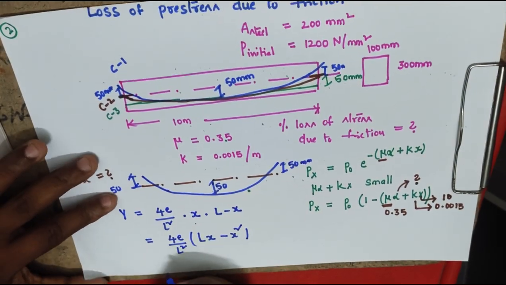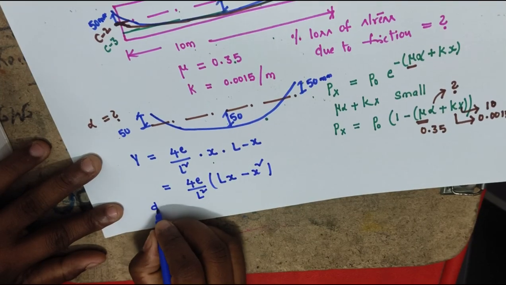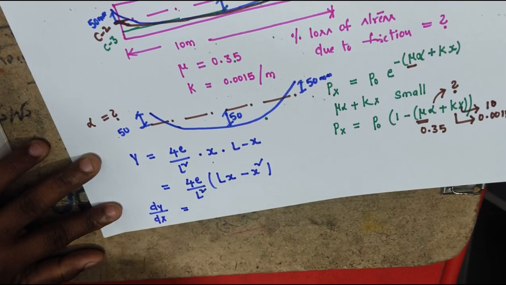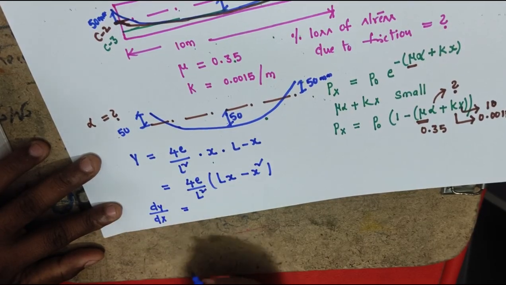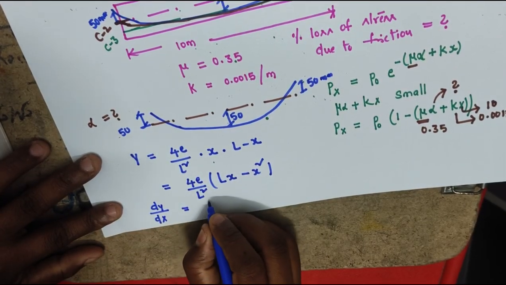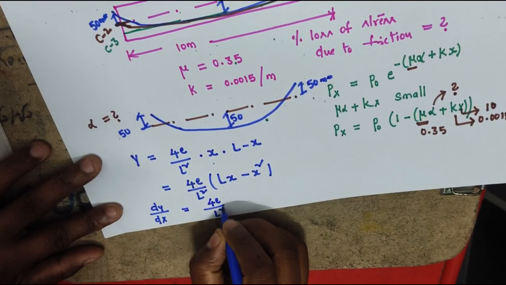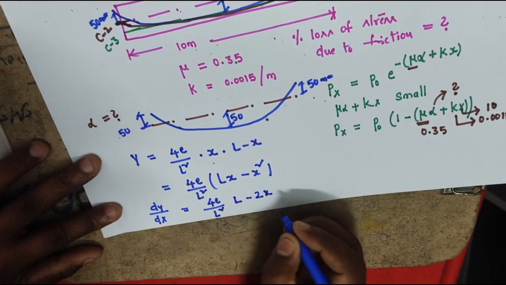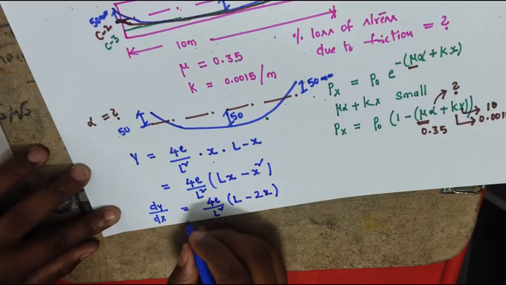Now slope of this one will be dy by dx is equal to, differentiation with respect to x will give the slope of this line, 4e by L square into L minus 2x, right? Now this is the slope.